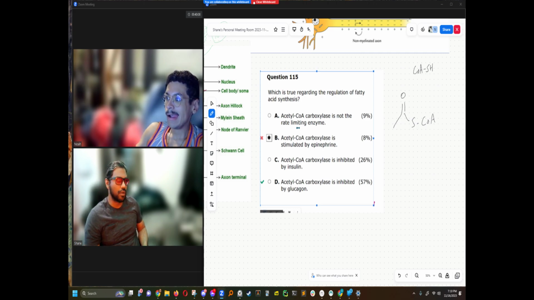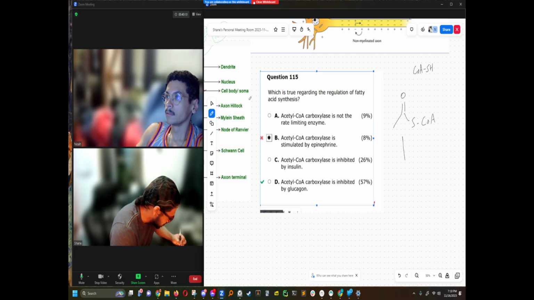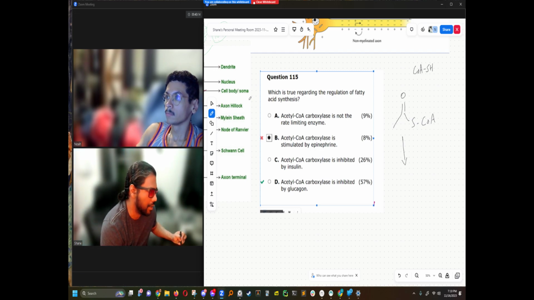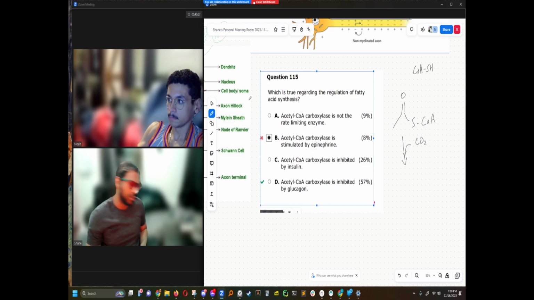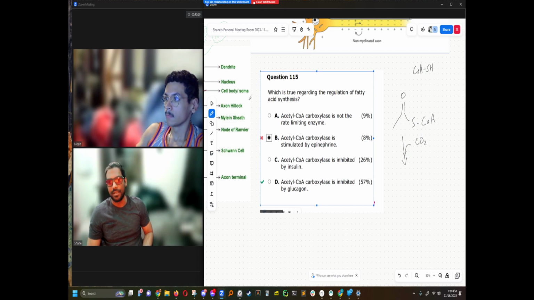And now a carboxylase, right? Let's suppose a carboxylase is going to act on that acetyl CoA. That means that CO2 is going to enter as a reactant here.